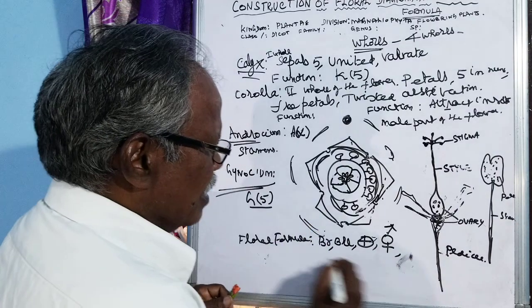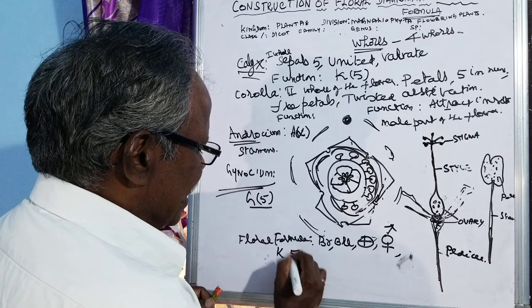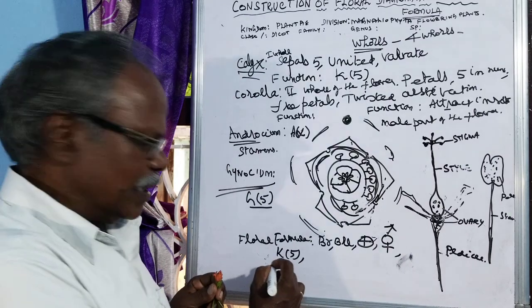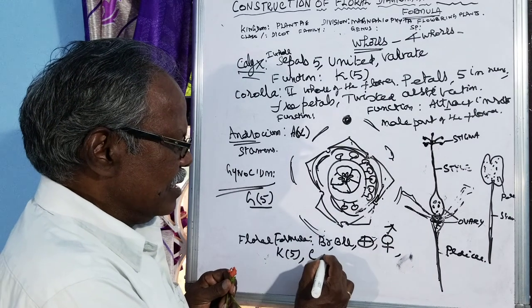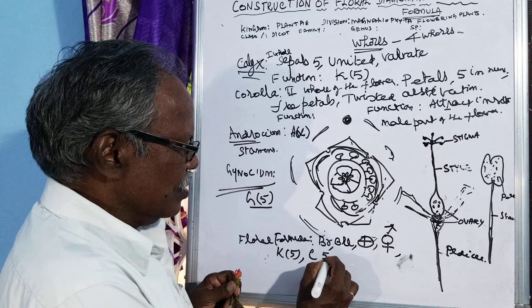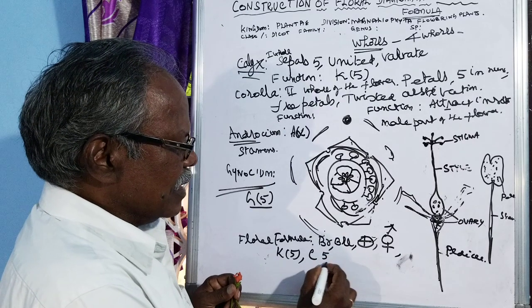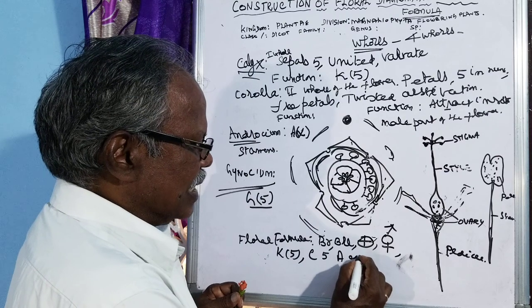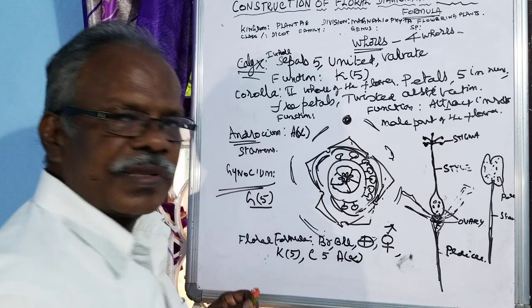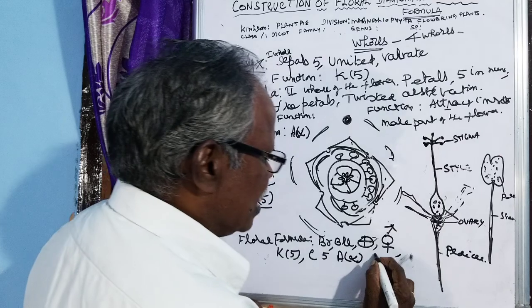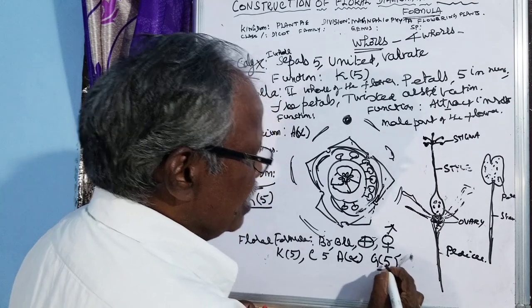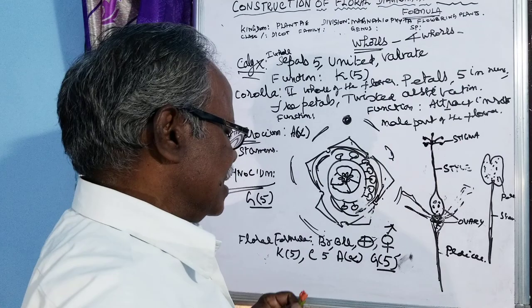And K5 united, corolla. That is calyx 5, made up of 5 sepals, and corolla 5, which is also free. And androecium is numerous, so we have to mention it like that. That is fused, so within bracket we have to mention. Gynoecium 5, that is hypogynous and fused, so we have to mention like that, G5.